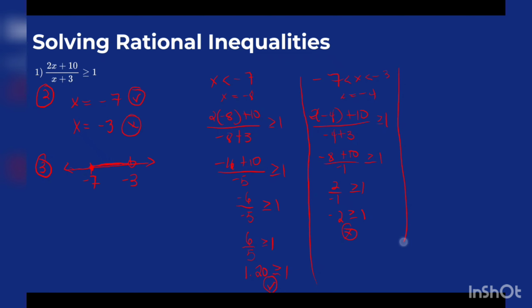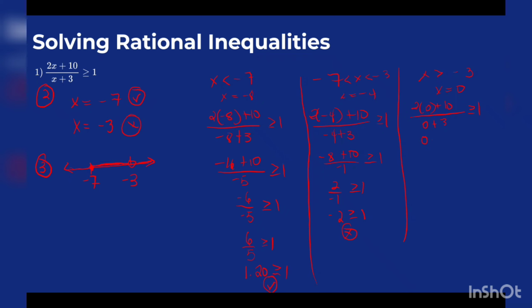And for the third interval, we have the numbers after -3. So that is x greater than -3. So we can use, let's say, 0 because 0 is greater than -3. So 2 times 0 plus 10 over 0 plus 3 is greater than or equal to 1.